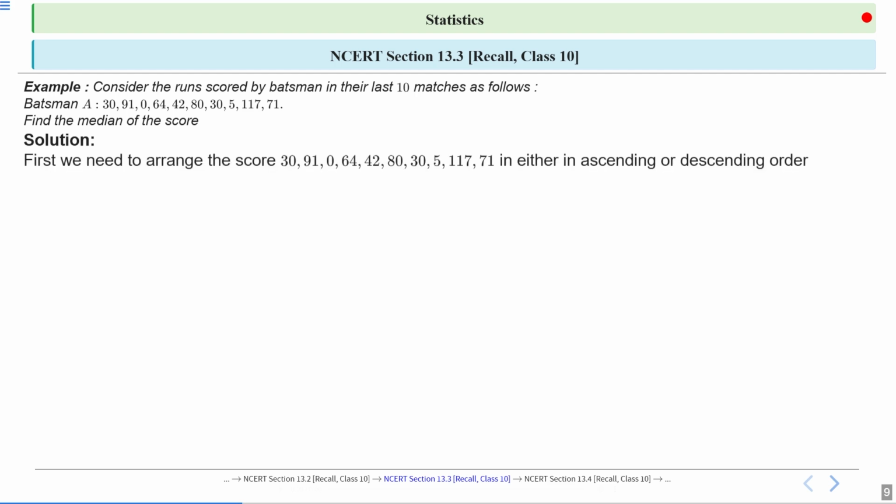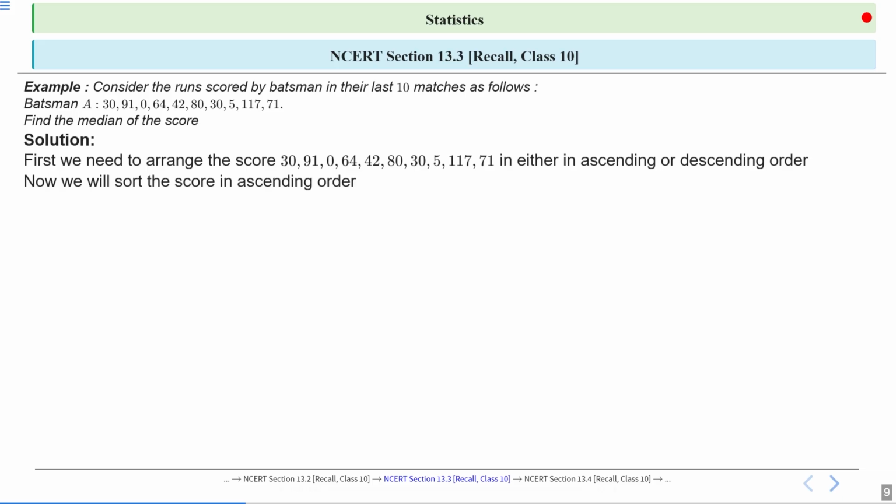So let's solve this example. First we need to arrange the scores. This is a crucial step because the median is the middle value in an ordered data set. So we need to sort the scores in either ascending or descending order.